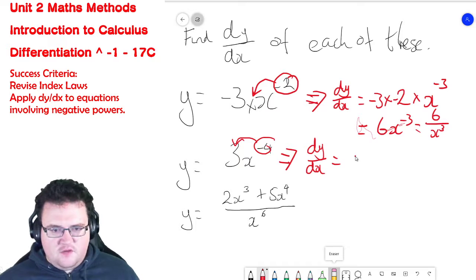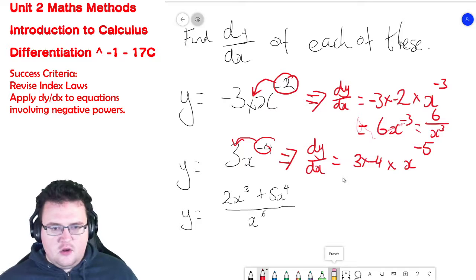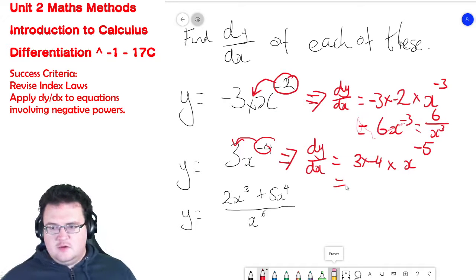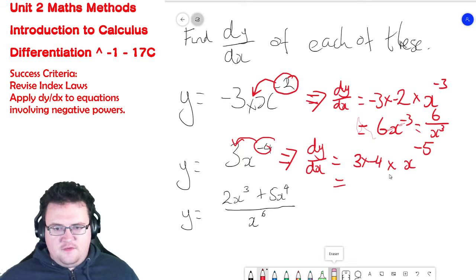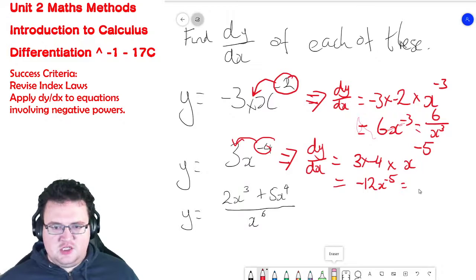So it's going to be 3 times negative 4 times x to the negative 4 minus 1, negative 5. All right, and then from here, we have negative 12x to the negative 5, which we can then express using a positive index of negative 12 over x to the 5.